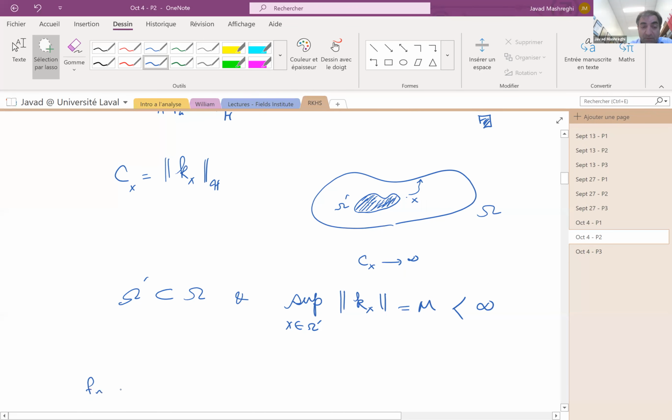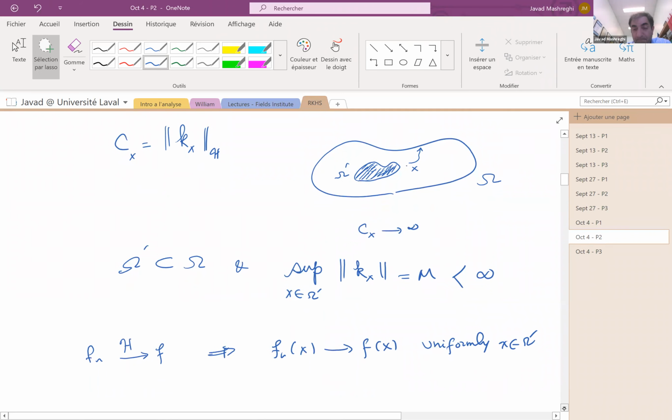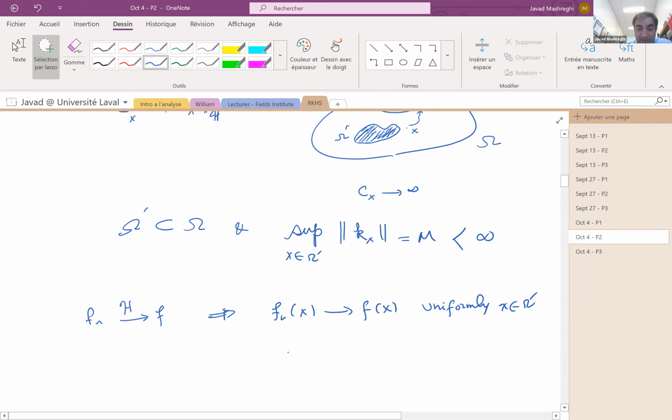If Fn goes to F in norm, then Fn of X converges to F of X uniformly for X in omega prime. Or sometimes, in some old books, this is the notation for uniform convergence: Fn uniformly goes to F on omega prime. True? This is not part of the definition.